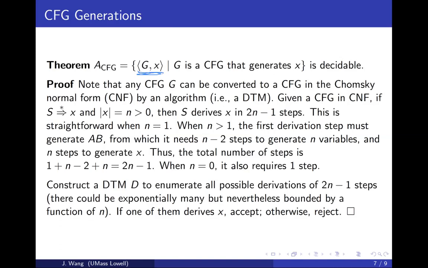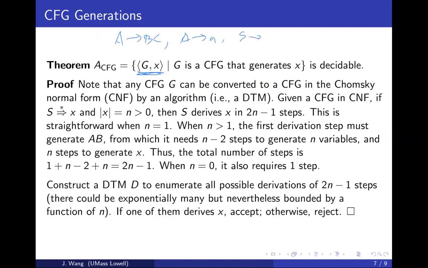Remember when we talked about Chomsky normal form for context-free grammars. Every production rule is in one of these forms, where A, B, C are variables and small a is a terminal.